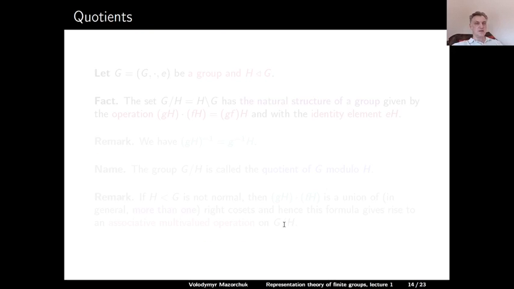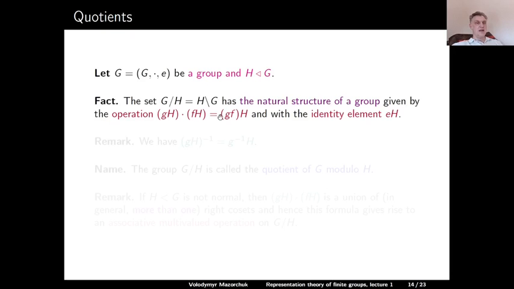Now let us discuss quotients. Let G be a group and H a normal subgroup of G. Then the set of all cosets, left or right, because they are equal, has the natural structure of a group given by the binary operation defined as follows.